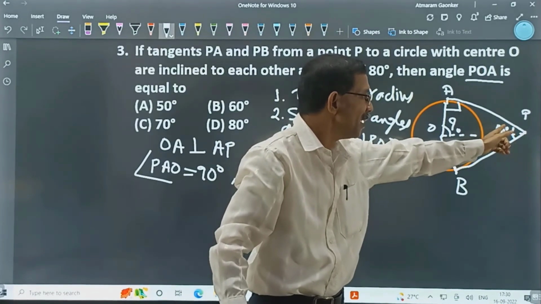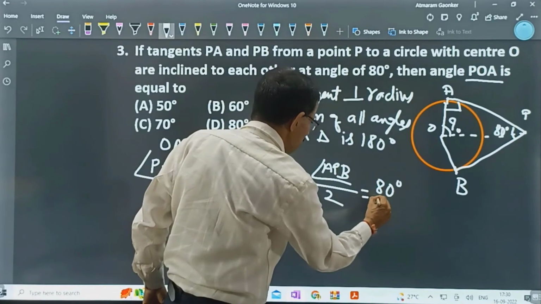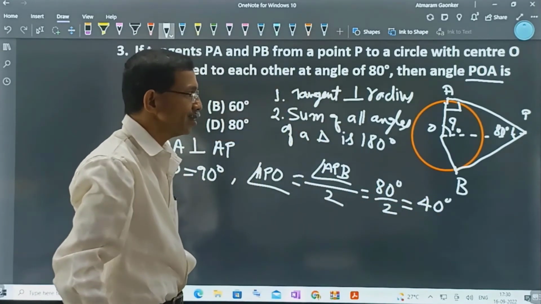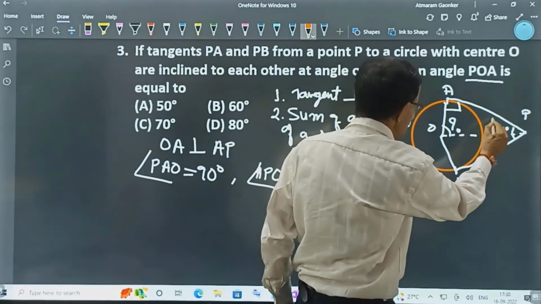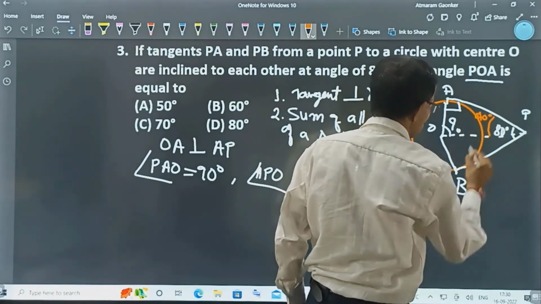So this works out as 80 degrees divided by 2, which is 40 degrees. So now we know one more angle. This angle is 40 degrees.